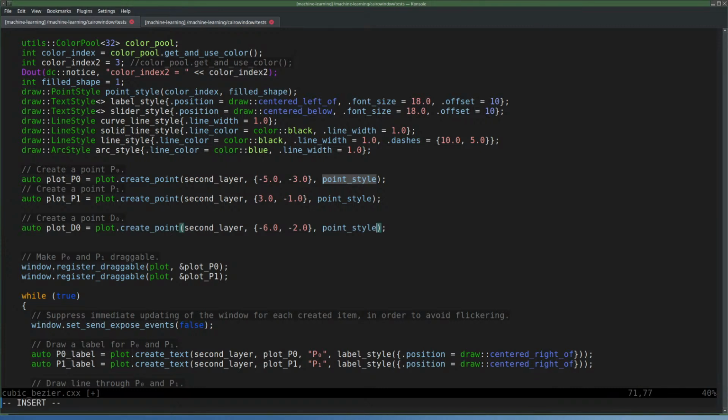Let's use a different color for the D's. What is the color of a point? Point style.